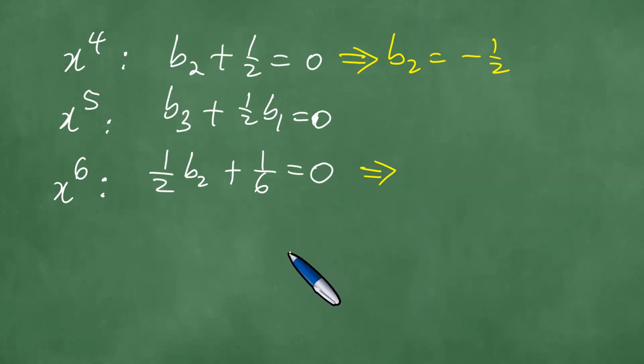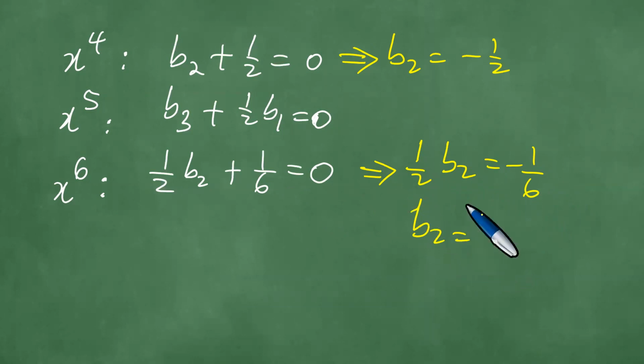It's a funny thing because it's resulting in a problem here. If you look at B2 equals minus 1/6, and then if you cross multiply, B2 is going to be minus 1/3. But B2 here is just minus 1/2.